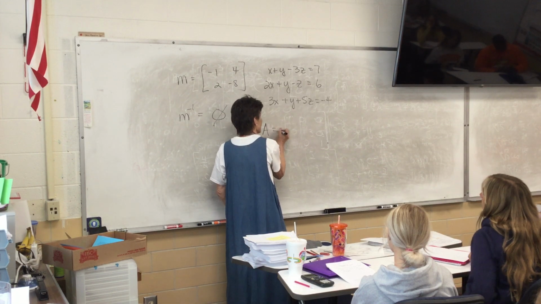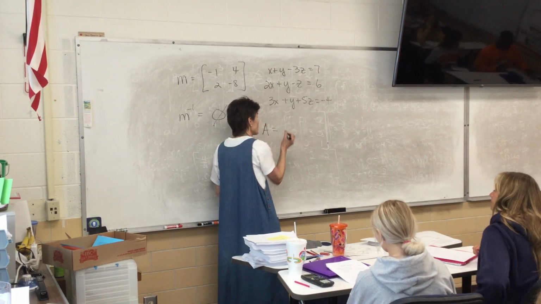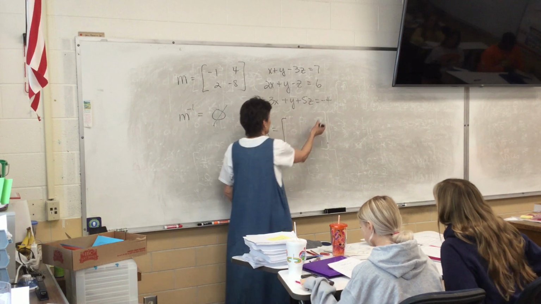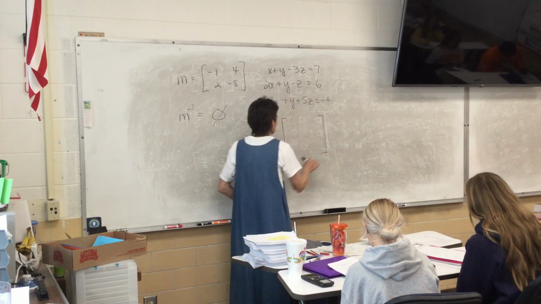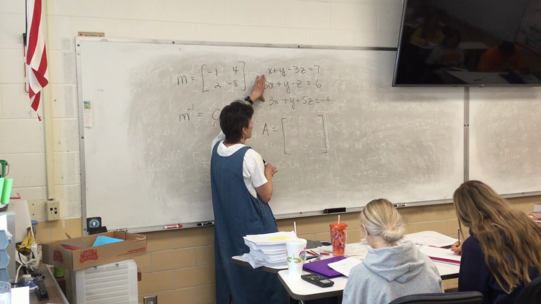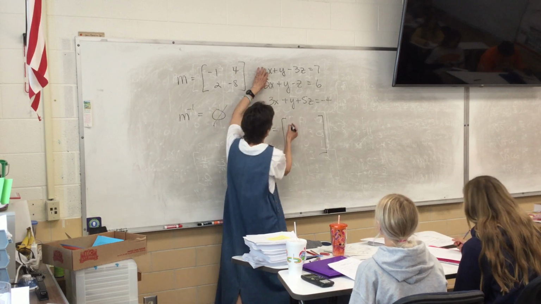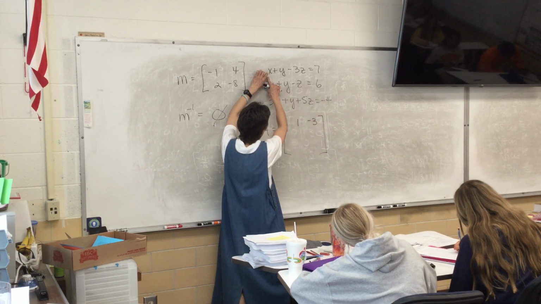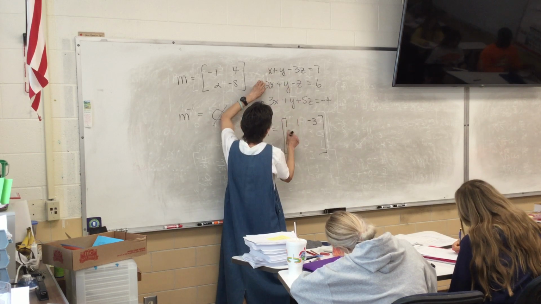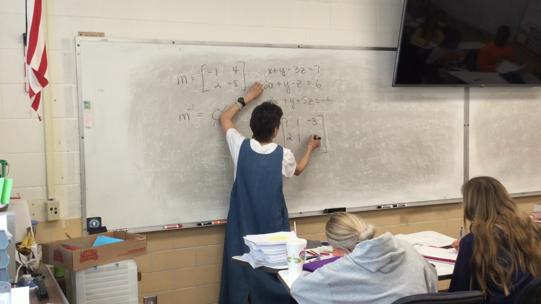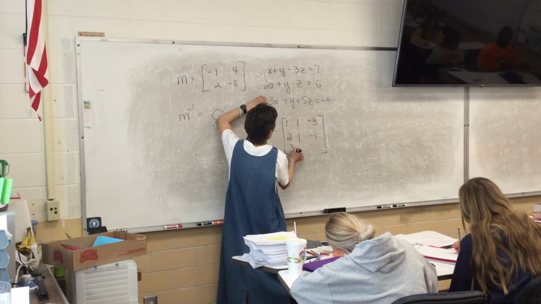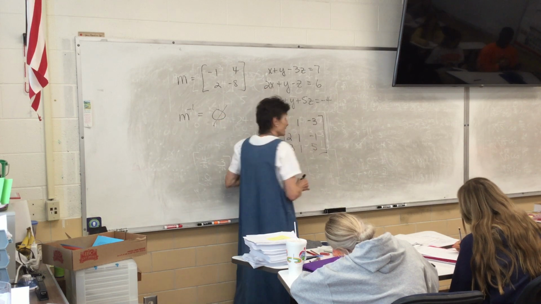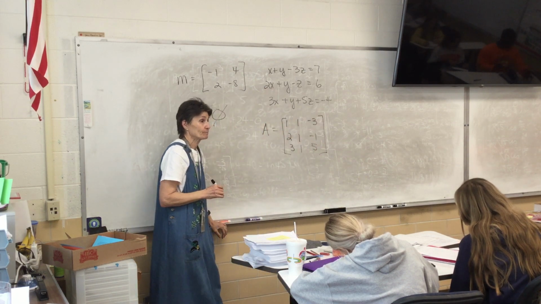We're gonna put in another A matrix, just like we just did. And the A matrix is going to consist of the coefficients. So 1, 1, negative 3. See what I'm doing? 1, 1, negative 3. 2, 1, negative 1. And 3, 1, 5. So it's gonna be a 3 by 3.